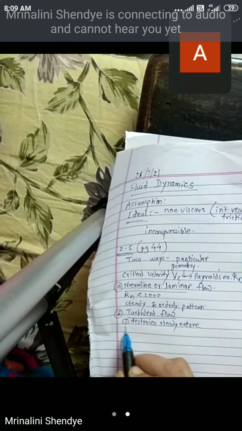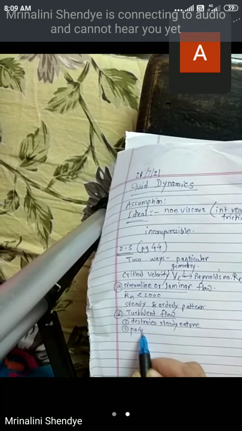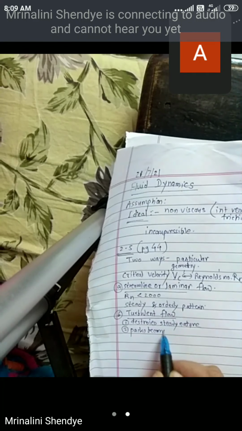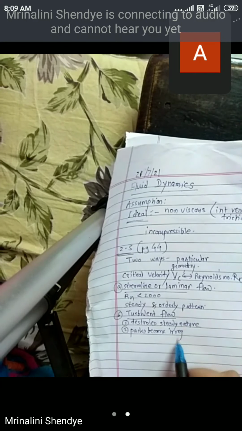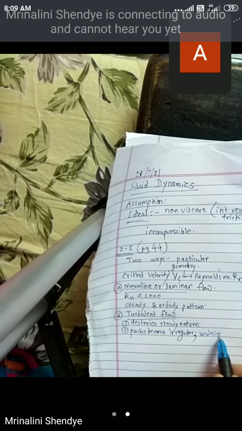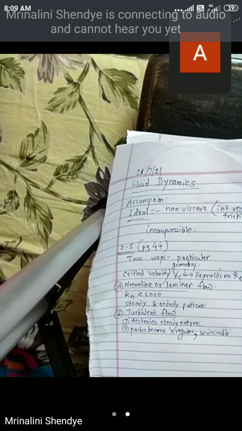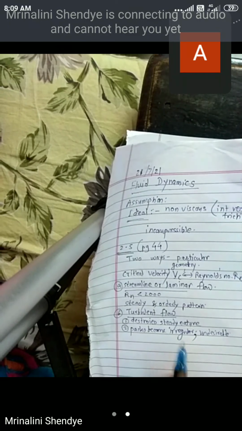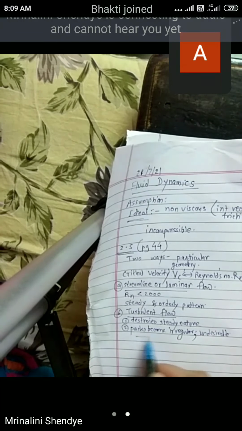Particles become irregular and hence many times it is undesirable. Only a fraction of energy is available for forward flow of the liquid.